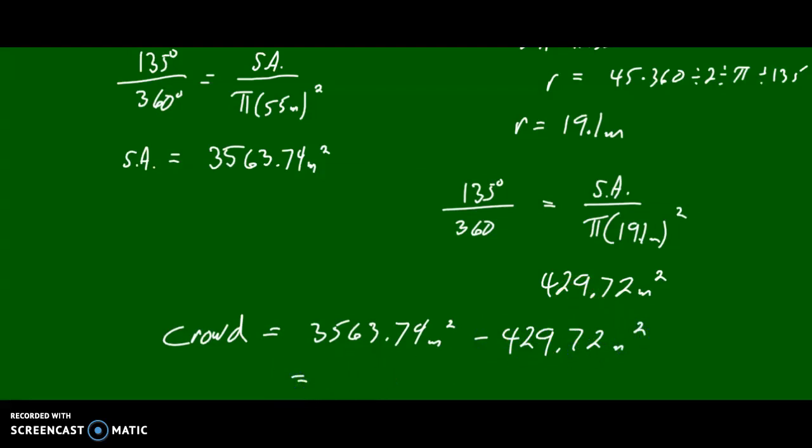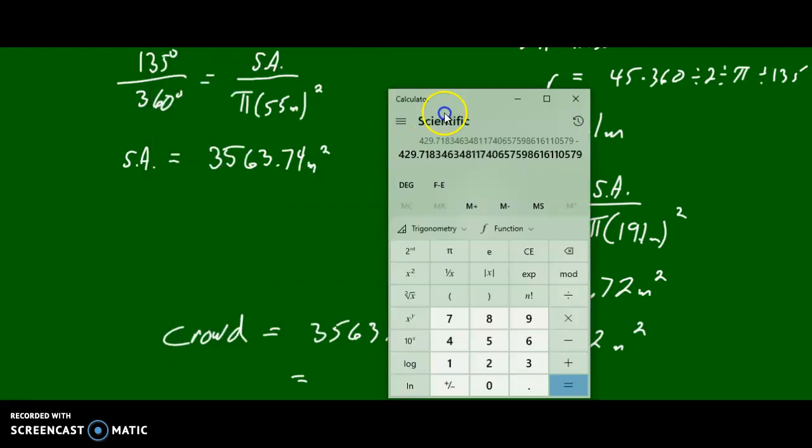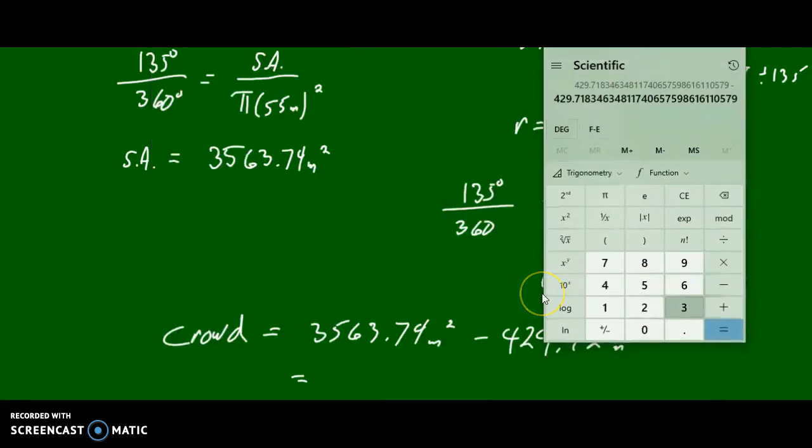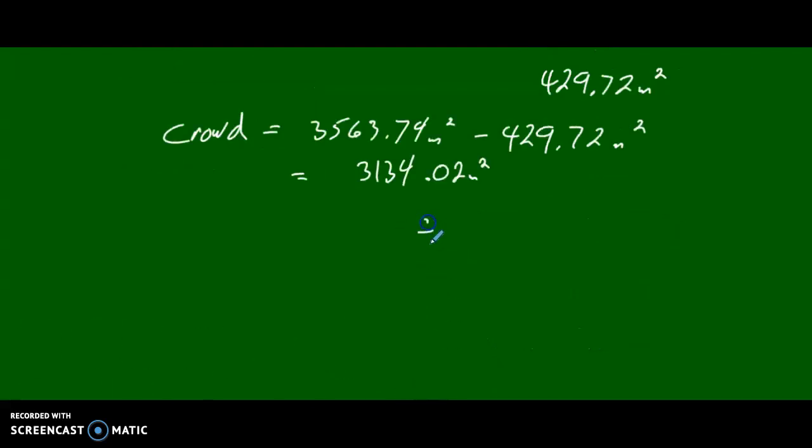And that gives us 3,134.02 meters squared. And now remember, divide this by 0.5 meters squared per person.